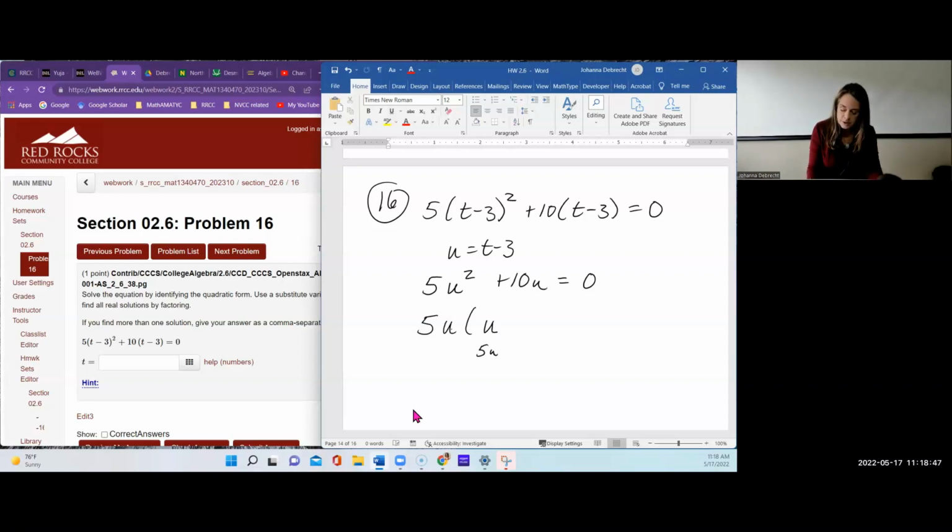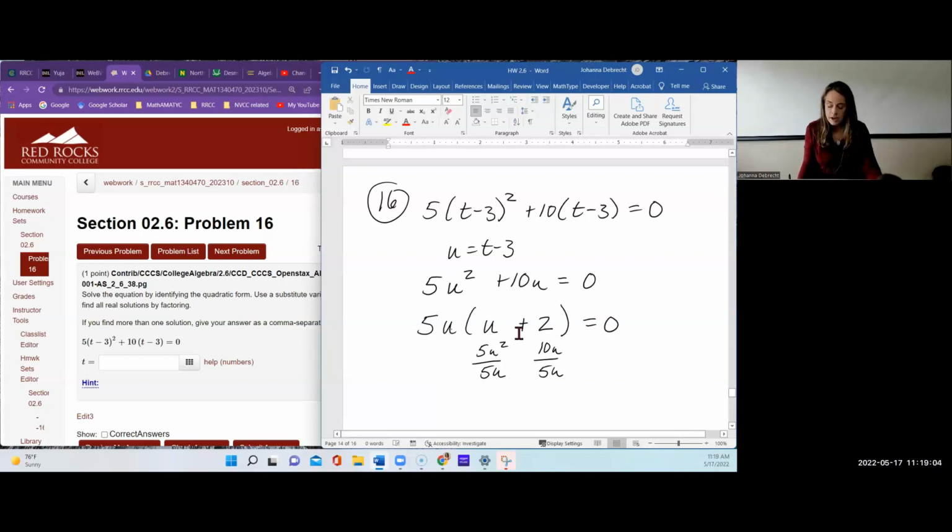Remember, that's what factoring really is. It's a form of division. 5u squared divided by 5u is u. When I divide 10u by 5u, I get 2, because 10u divided by 5u equals 2. Now I've got two things multiplied together equal to 0.